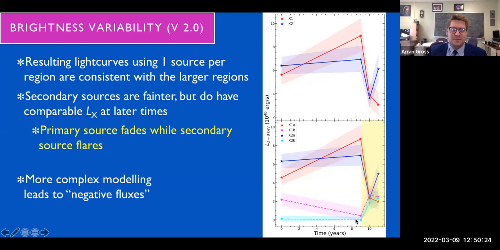And it's in those later observations where the secondary sources, which are almost undetected at first, start to brighten and even overtake the primary source in each region. So we end up with a dynamic system where we've got at least 2 X-ray sources, most likely in each of these regions, that are dimming and brightening at different periods.